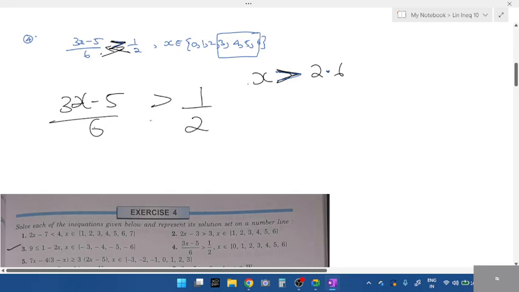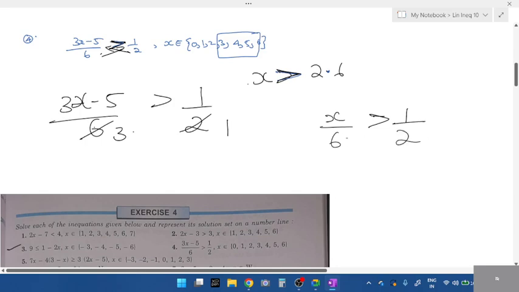Whenever we have a single value, students, you can cross multiply. Before that, you can even reduce it. Check whether you can reduce. 2 ones, how many times does 2 go in this? 2 threes are 6. Look here. If x divided by 6 is greater than 1 by 2 is given, student.